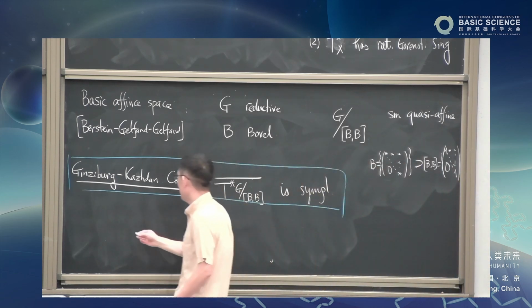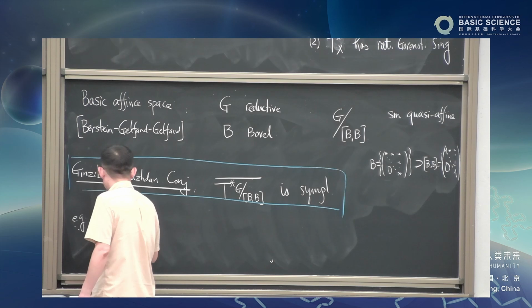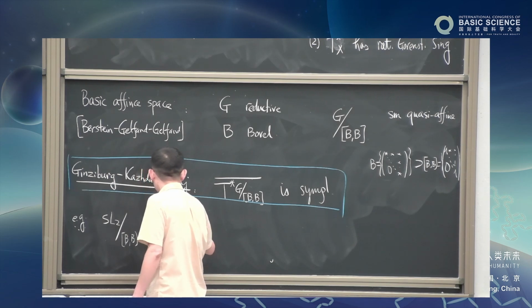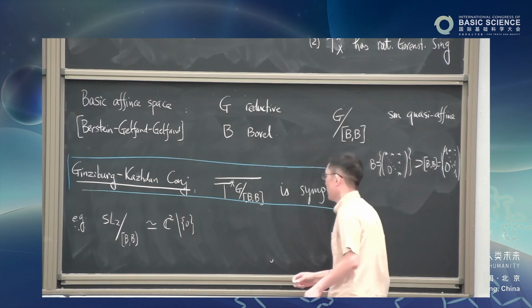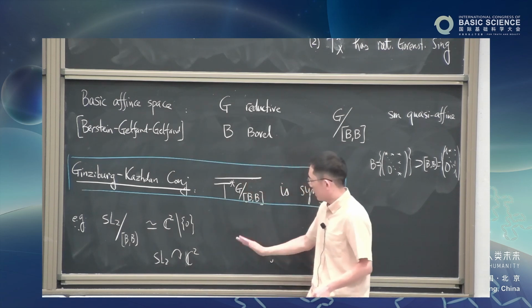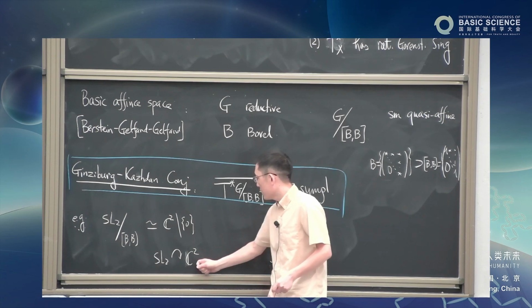So a baby example, just to give you one example. For example, if you take SL2 quotient by this U, this is B'. In fact, this is just C2 minus 1 point. In fact, SL2 acts, it can move this C2 to any vector. You can use this action, left action, to transport to another non-zero vector.